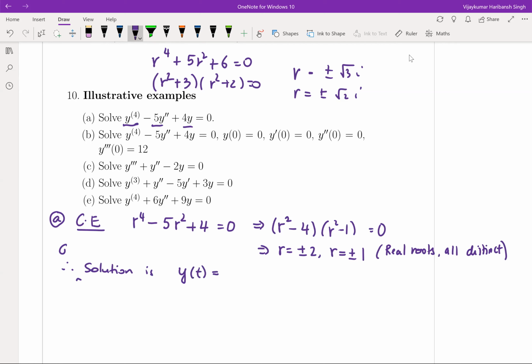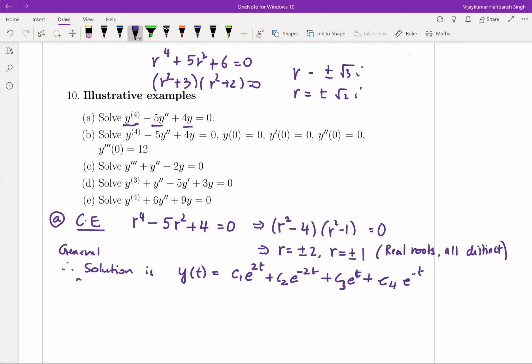The general solution is c1 e to the power 2t plus c2 e to the power minus 2t plus, sorry, we should use something else, c3 e to the power t and c4 e to the power minus t. So this is how a general solution will look. And of course, c1, c2, c3, c4 will depend on your initial conditions.